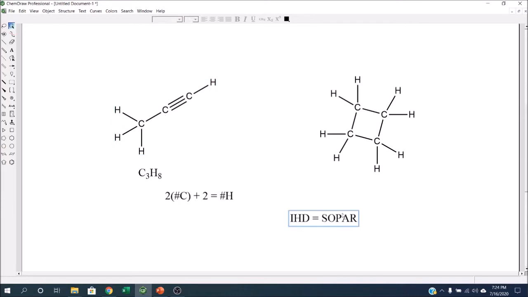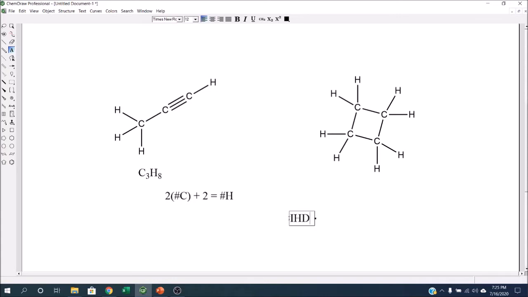So it's not just double bonds that create this index of hydrogen deficiency, it's pi bonds in general. This compound right here has 2 pi bonds, and therefore it is missing 2 pairs of hydrogens, or 4 total hydrogens. So the way that you determine the index of hydrogen deficiency, which is the term that I prefer to use because I don't like SODAR, and nobody knows what you're talking about if you say SOPAR, which would be technically more correct.